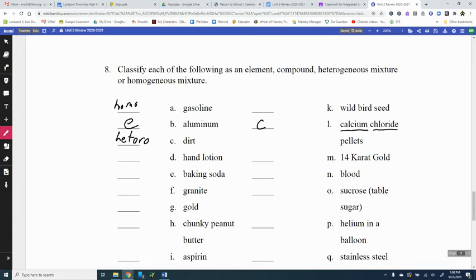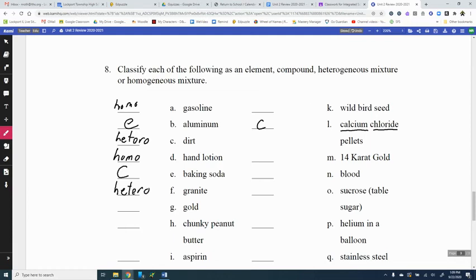Hand lotion is a mixture, and you cannot see the different parts of it, so that's homo. Baking soda is actually a compound. Granite, that's a mixture. And if you look at granite, the granite has lots of different colors in it. You can see the different parts. So that would be hetero.